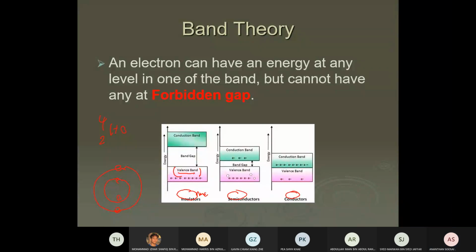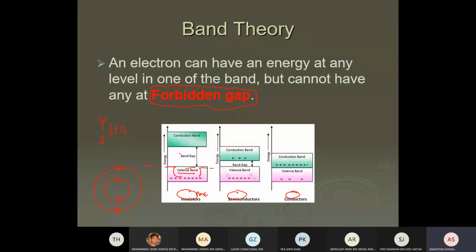Then after the valence band, our Form 5 knowledge only goes up to the valence band. After the valence band, there is a region called the forbidden gap, a gap where electrons cannot stay at all.